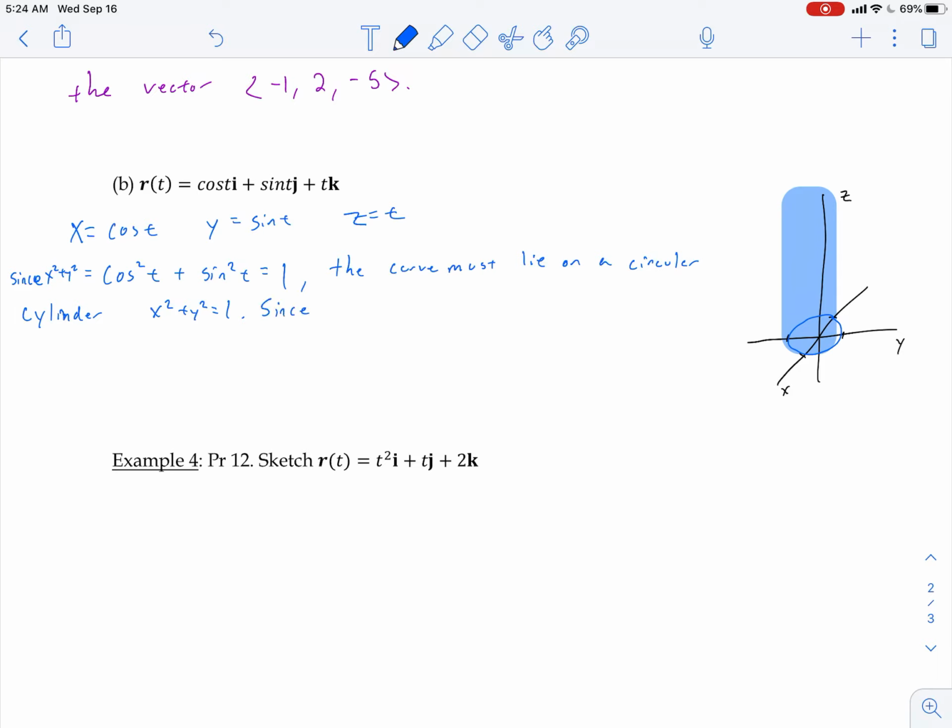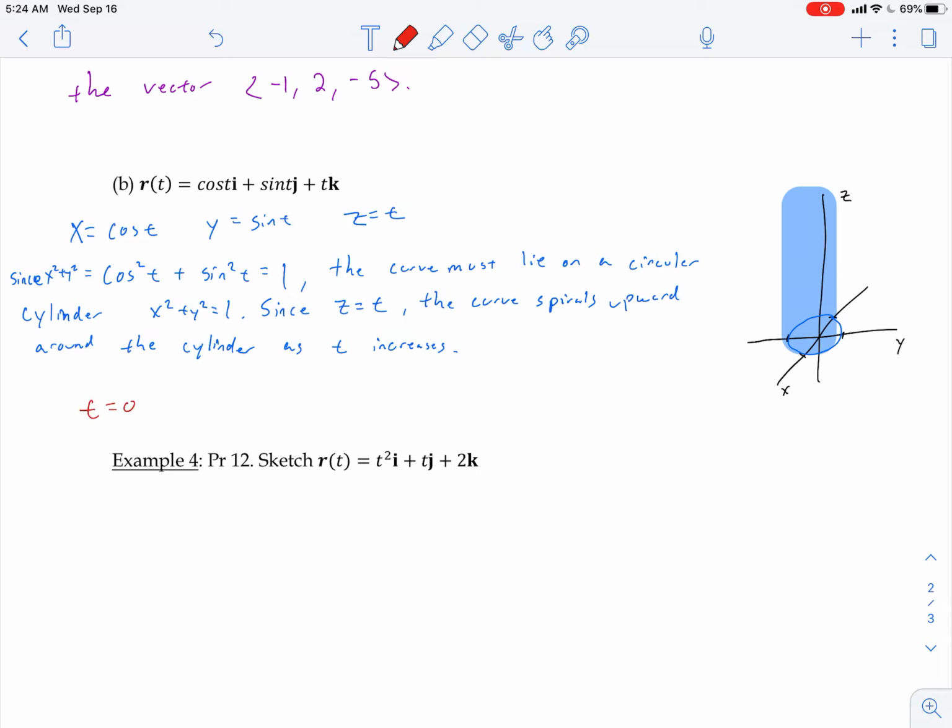Since z equals t, the curve spirals upward around the cylinder as t increases.